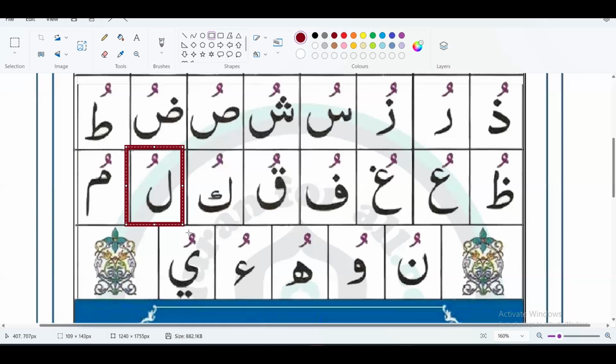So the Fatha, Kasra, Dhamma, these three signs we call movement signs. Whenever any letter has any movement sign on it, we don't stretch that letter and we don't jerk that letter, meaning we don't read within a half second. We just read that letter for 1 second.